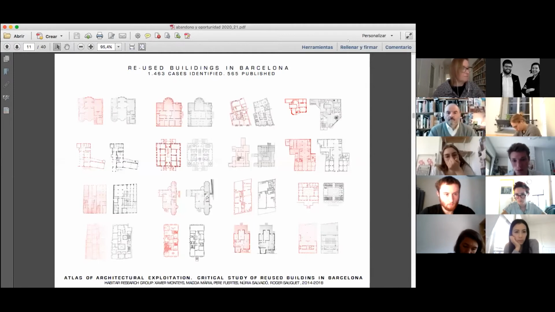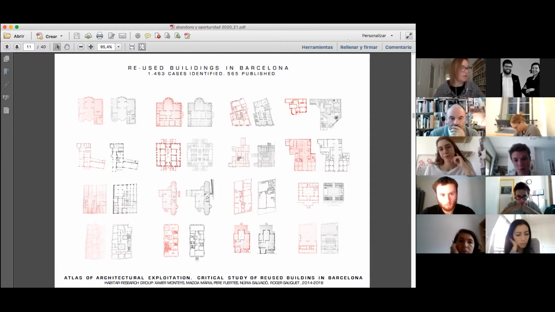In Barcelona, there are buildings that from immemorial times have changed their use several times without modifying their spatial, morphological, structural, and material conditions.